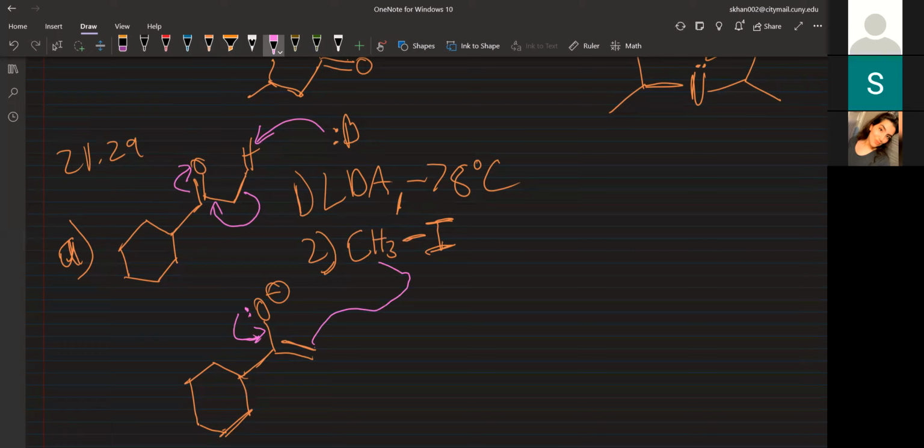Let me fix that arrow a little. And that's going to kick off the iodide, and now you have your final product, which is your alkylated product.